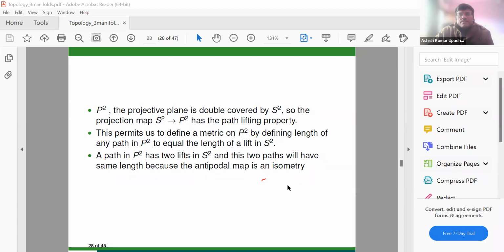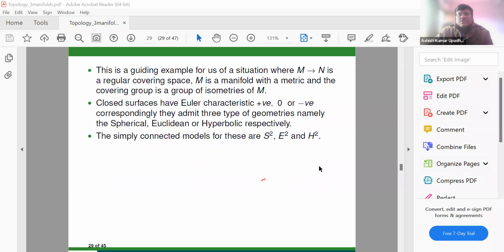The paths which we get in S2 by lifting the path in RP2 may have different lengths, but that is not the case because the antipodal map is an isometry. It preserves length, so both the paths have the same length. Whatever length I project onto RP2, that will work. This is crucial, that it is an isometry.